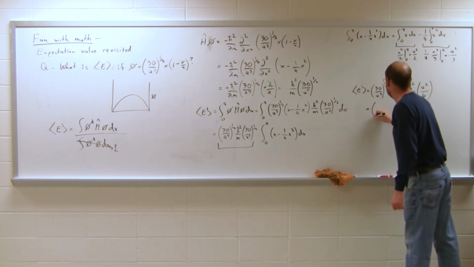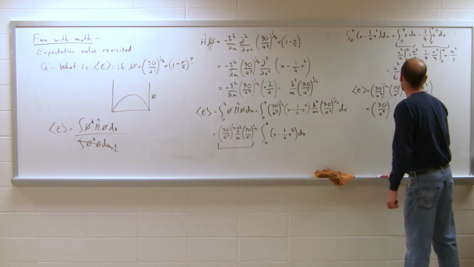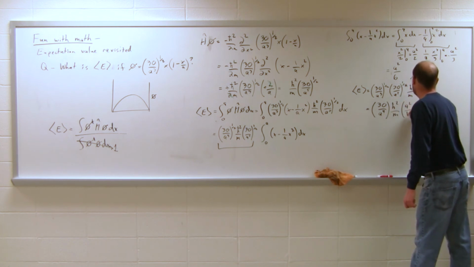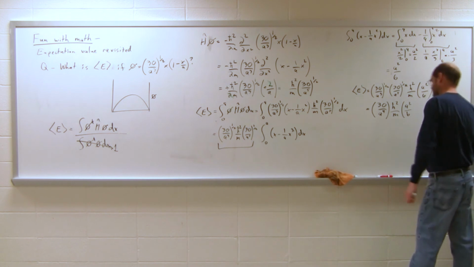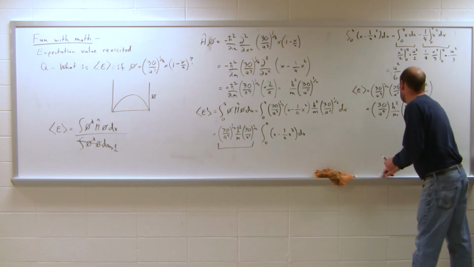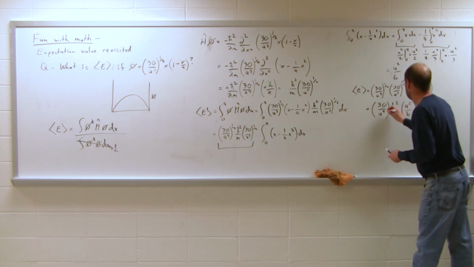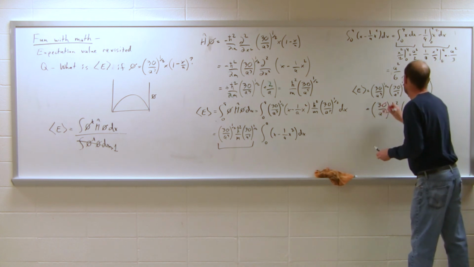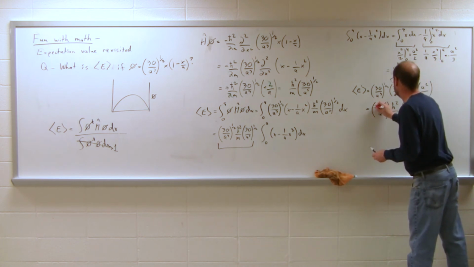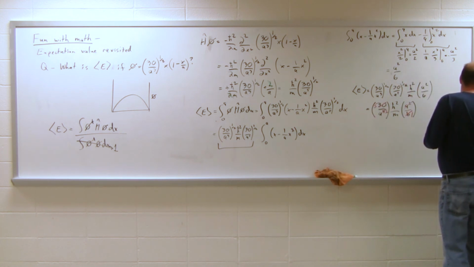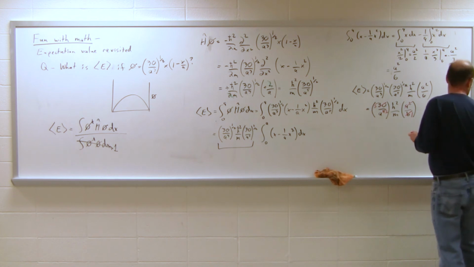So those two terms will give me 30 over a to the fourth, h bar squared over m, a squared over 6. I'm going to cross these off.